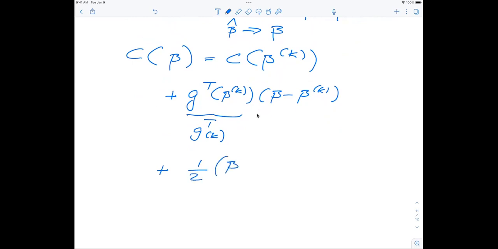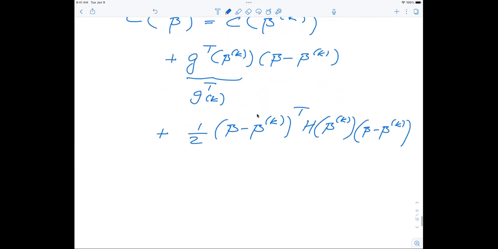So I should have a beta minus beta of k, transposed, multiplied with the Hessian matrix, the second derivative at iteration k, multiplied with beta minus beta of k here. And then I have higher order terms, plus O of beta minus beta of k to the power of 3.